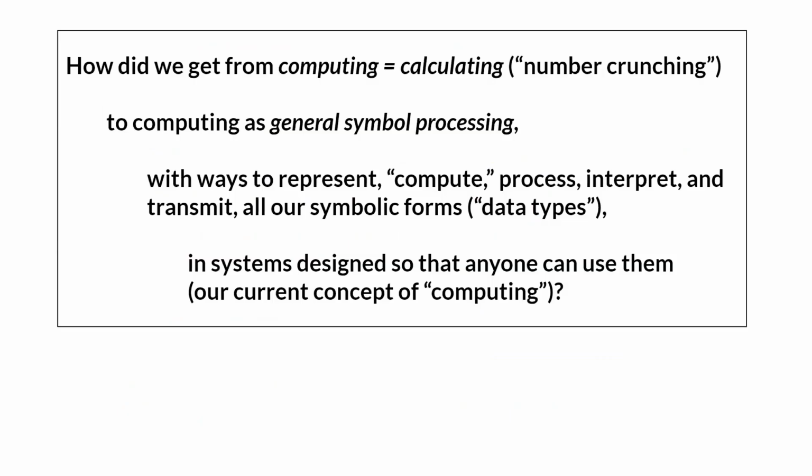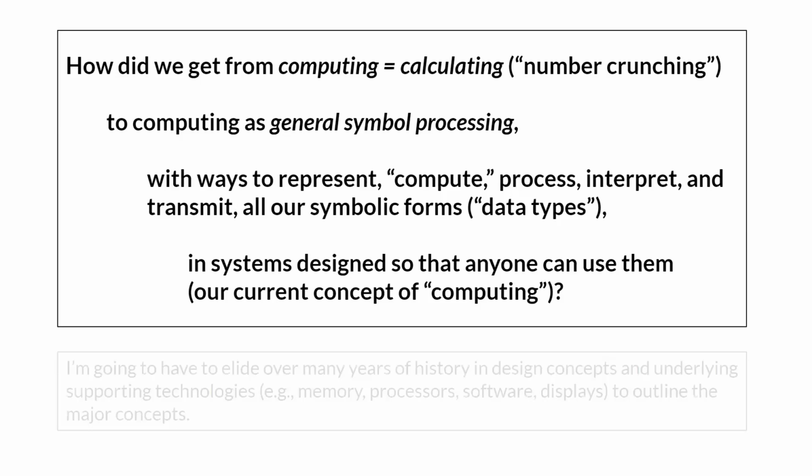Well, how did we get from computing meaning calculating or number crunching to computing as general symbol processing, with ways to represent, that is compute, process, interpret, and transmit all of our symbolic forms that we encode in data types in systems designed so that anyone can use them, our current concept of computing?